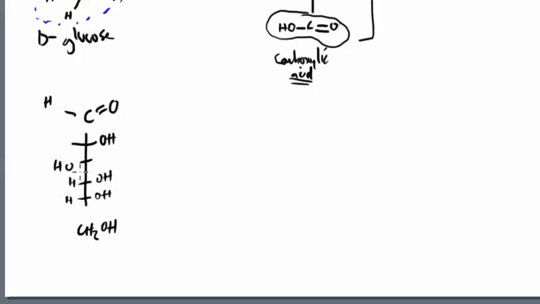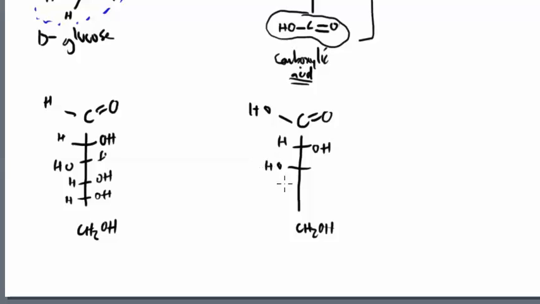So here's the structure of glucose, and I can oxidize this as well, but only target one and not both. So this C double bond O changes into a COOH. Only one carboxylic acid gets formed. The CH2OH down below doesn't get touched in this example.